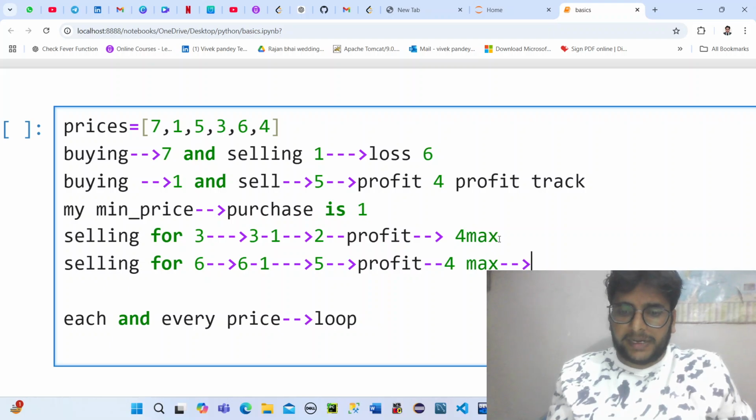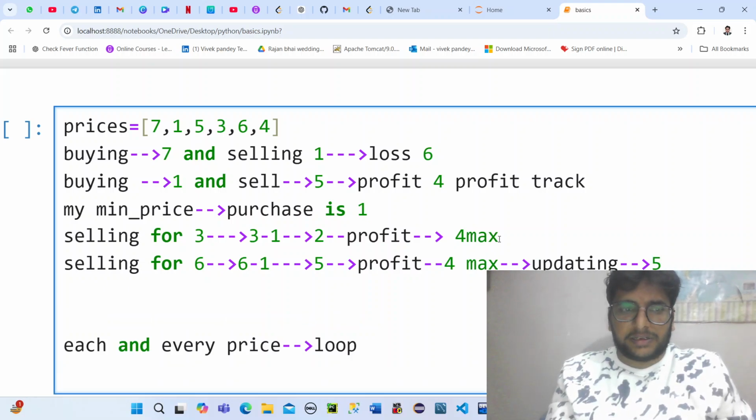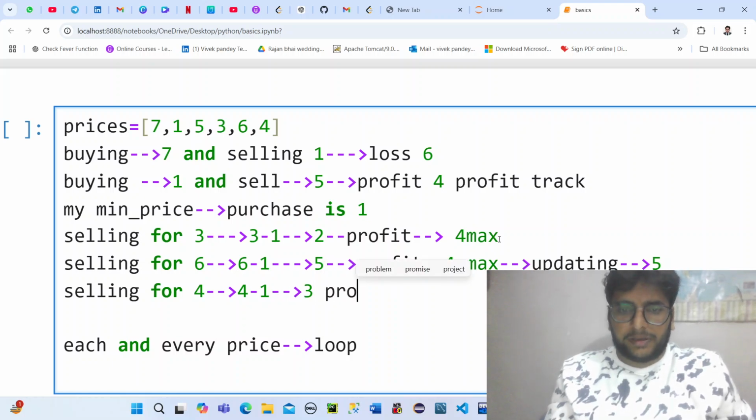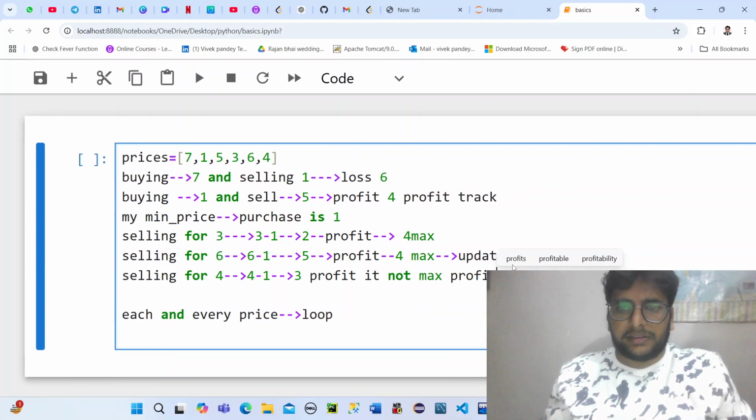So now we are updating, because the requirement in the question itself is biggest profit. So I got 5, and then if I try selling for 4, then again it is 4 minus 1, it is 3. 3 is a profit, but it is not a max profit. So 5 is my answer, guys.